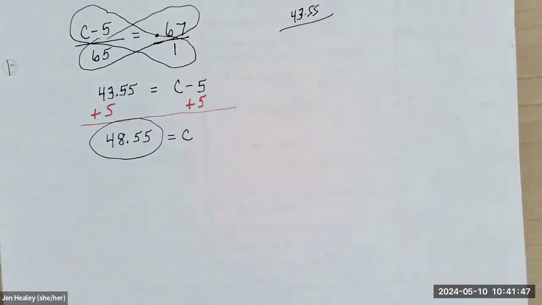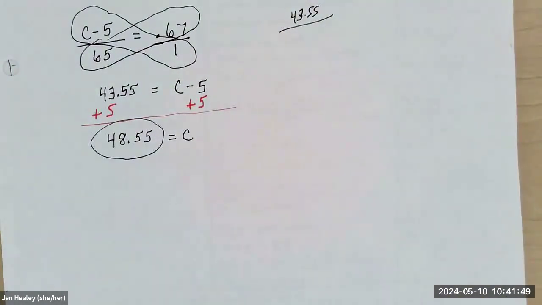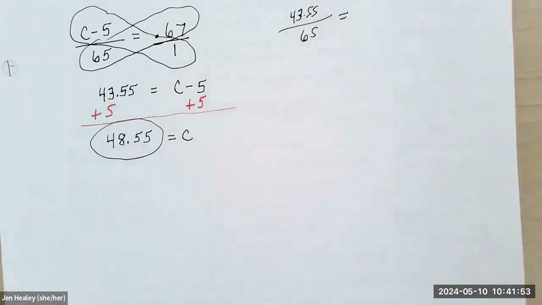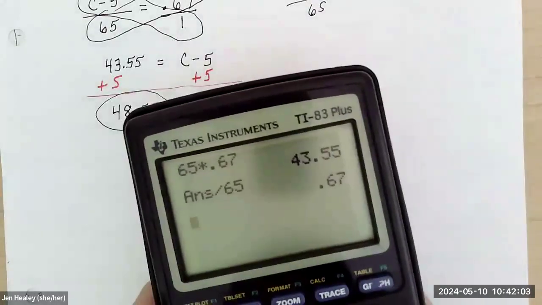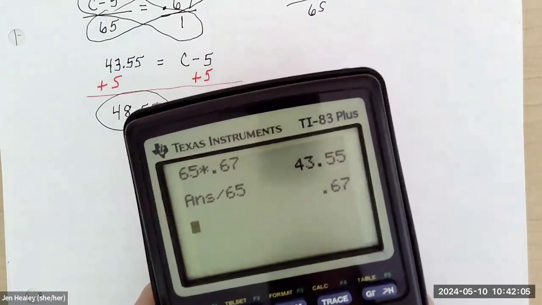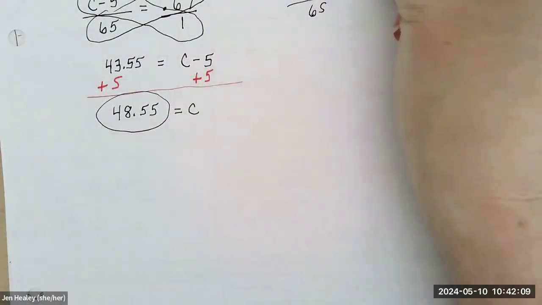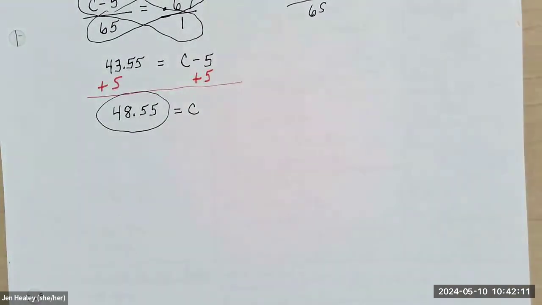And then we would divide that by the total length, 70 minus 5, which is 65. And when I take 43.55 and I divide it by 65, I better get 0.67 or I did this wrong. Yay, 0.67. So we got the 67th percentile. So it worked.